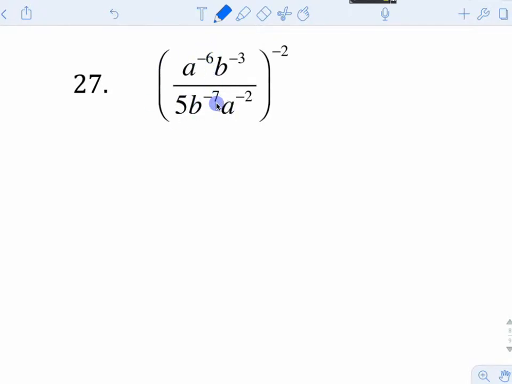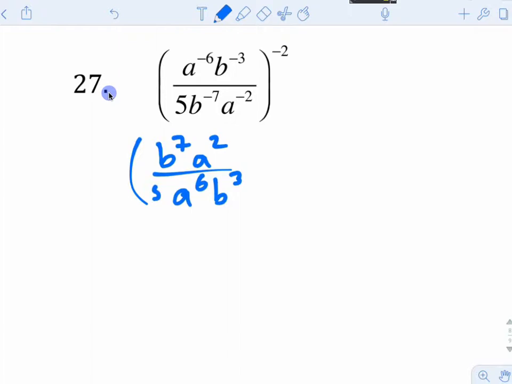So I immediately know that we can rewrite this as, well, that b to the seventh can come up top, that a squared is now up top. Both of these guys, instead of having negative exponents, now have positive ones. And these two I'll put in the bottom with positive exponents. So we got this a to the sixth and b to the third, and don't forget our 5.